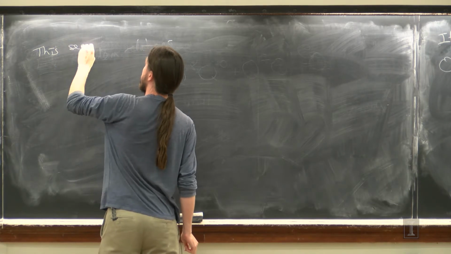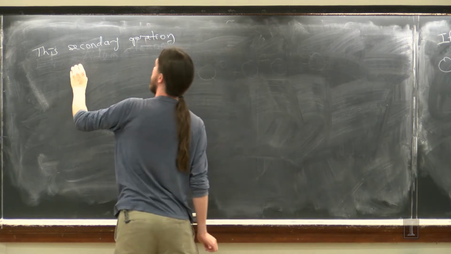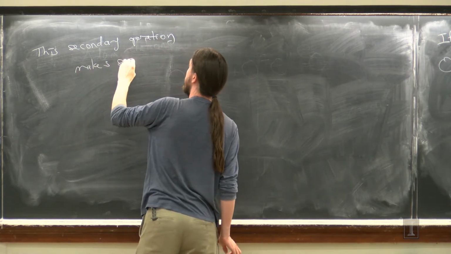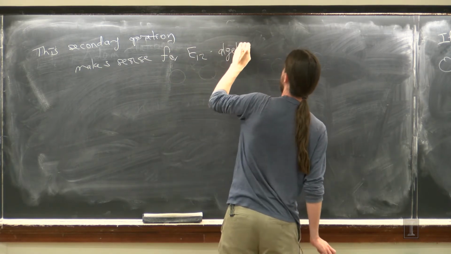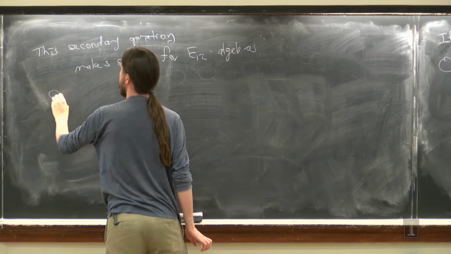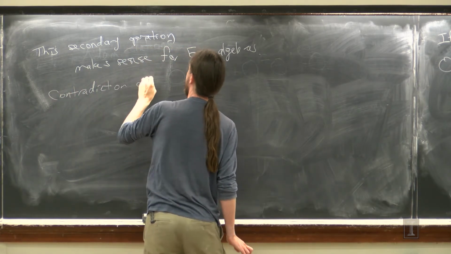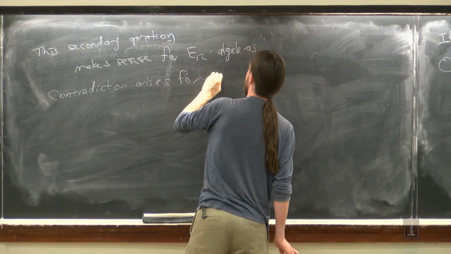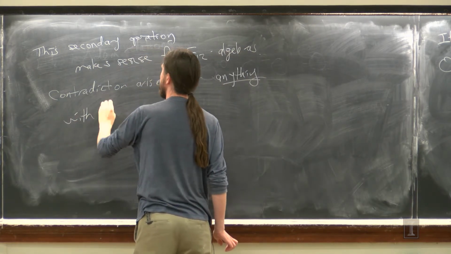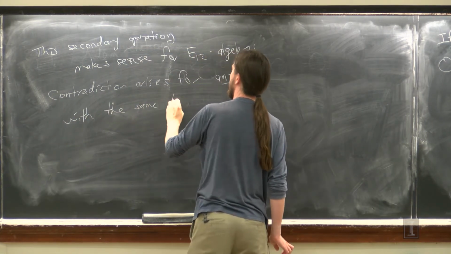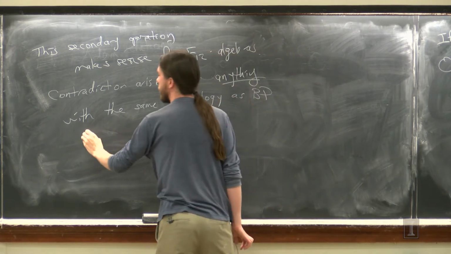this secondary operation makes sense for E12 algebras. And the contradiction arises for anything with the same homology as BP through degree 31.